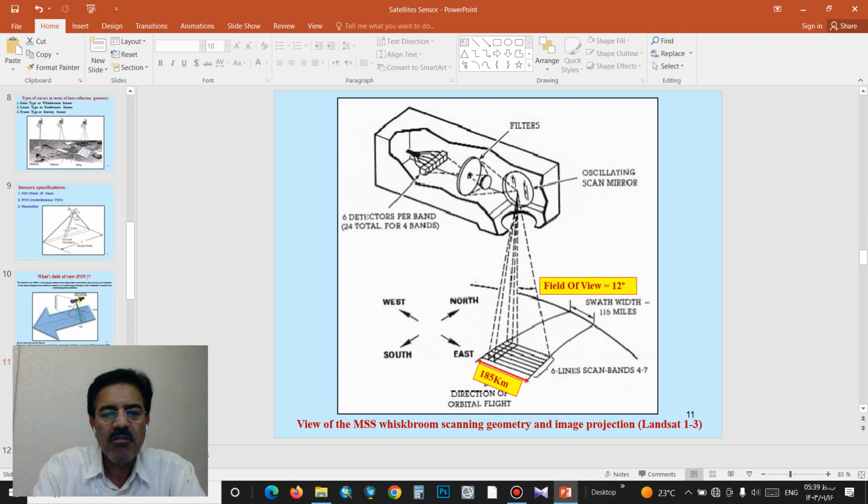View of the MSS whisk-broom scanning geometry and image projection for Landsat 1, 2, 3. FOV or field of view in Landsat 1 equals 20 degrees and the swath width in the track equals 185 kilometers.